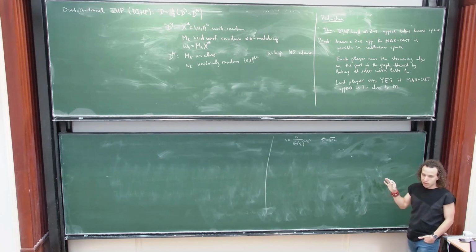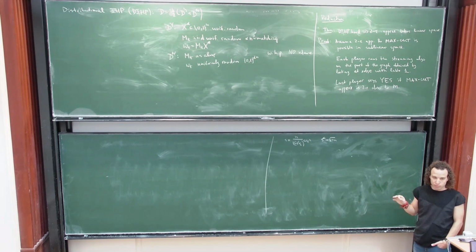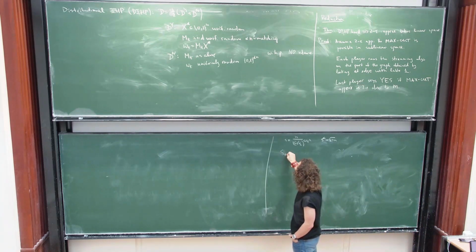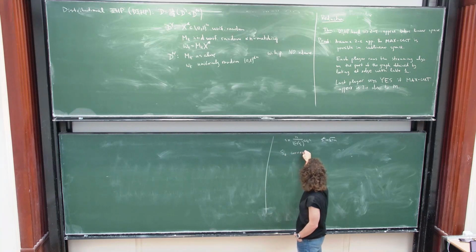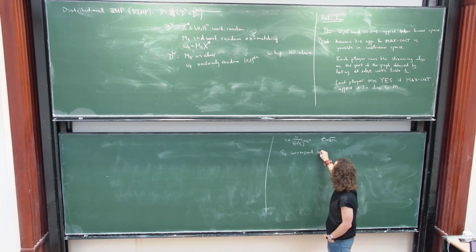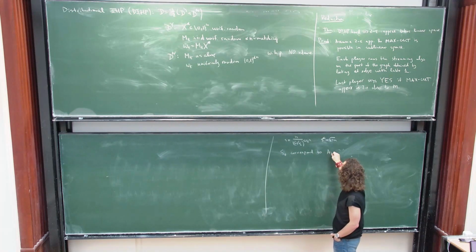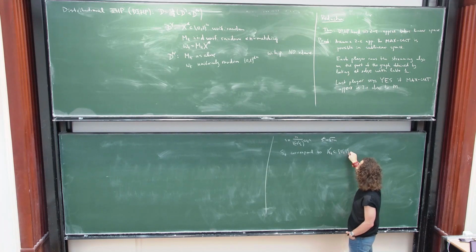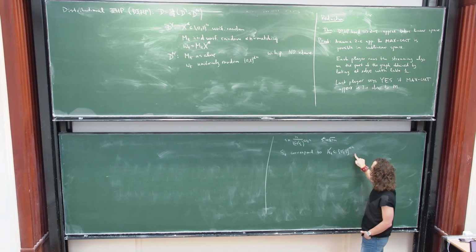So S is the amount of space each player gets. So S_t corresponds to A_t prime, 0, 1 to the alpha n.